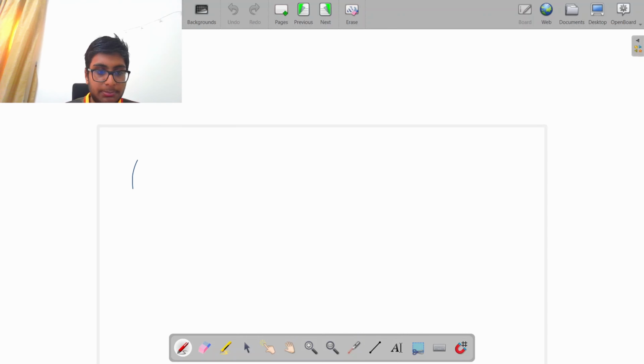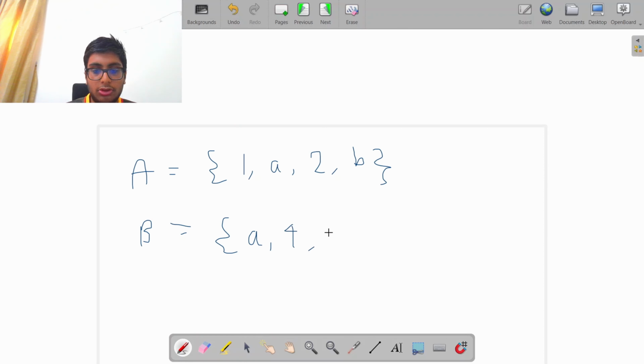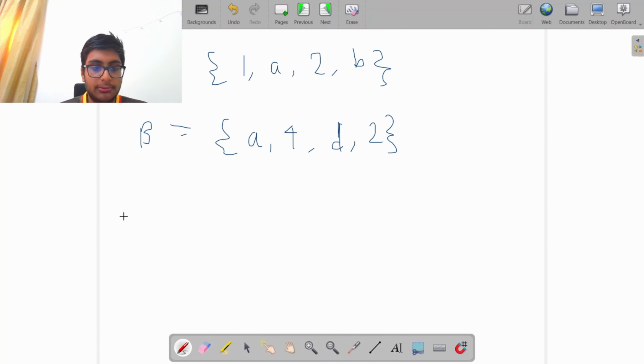Now let's think of an example: A equal to 1, A, 2, B. And let me get another one, B, that has the information A, 4, D, 2. Yeah, let's go with that. Now we need to find A union B. And let me give you the answer straight away and work it out yourself.